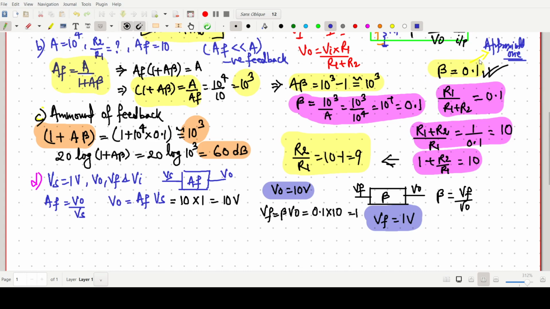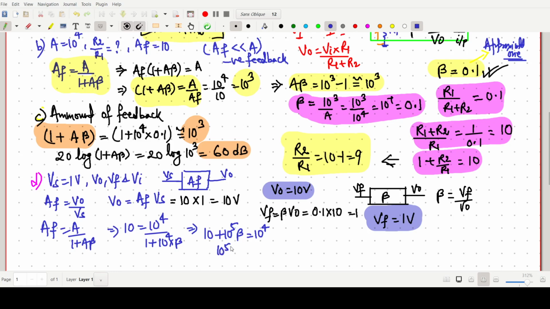again I am writing AF equals A by 1 plus A beta. AF is our 10, A is 10 to the power 4, and 1 plus A beta is 1 plus 10 to the power 4 into beta. I am just solving the exact value of beta, because it will help in the next problem.